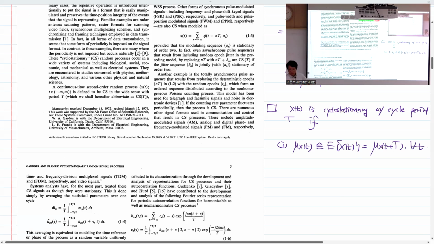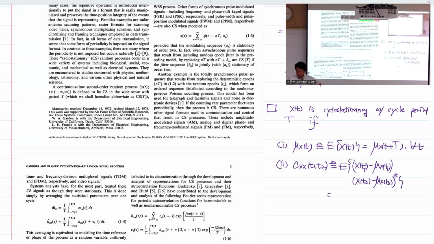And second one is that your autocovariance function, defined as the covariance between two random variables obtained by sampling at T1 and T2 after subtracting the mean value, satisfies what?